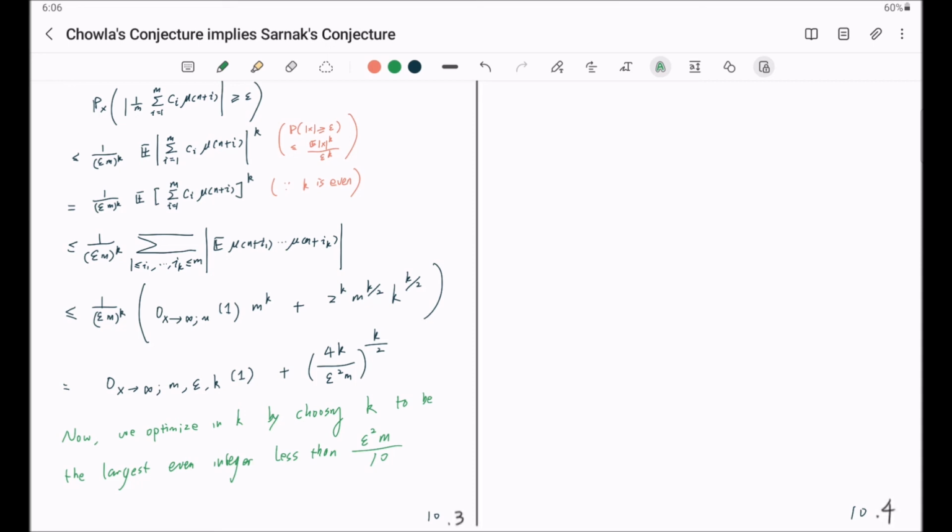When you make this choice, then it follows that it's 4k divided by epsilon squared times m raised to the power k divided by 2 will be less than or equal to, noticing that this guy will be monotonically increasing with k.